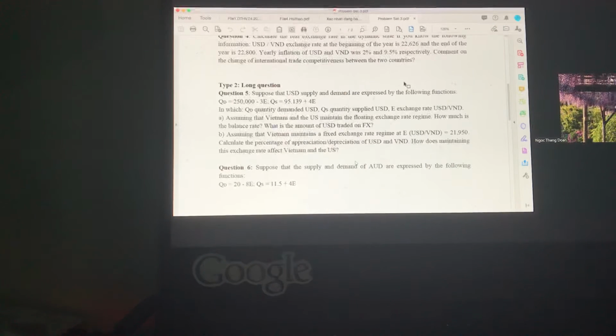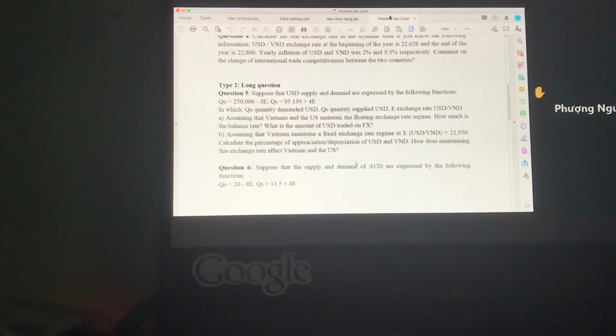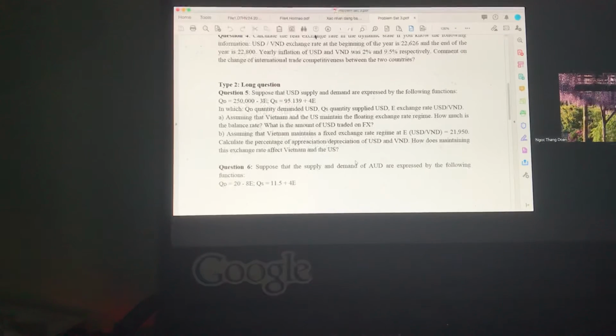So we are back to the main section. Now we do question 5. We just go in pairs. Now the weak group, please. Phương Nguyễn, please. Can you share your result on the board? I'm sorry, we just have to write it down. Can you type on the board?